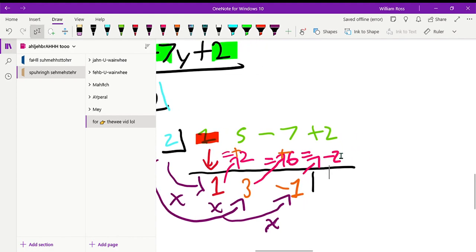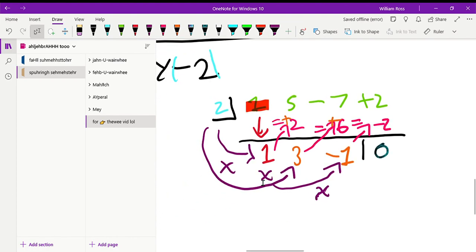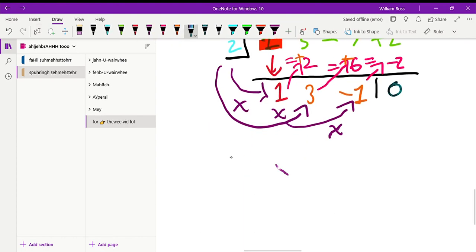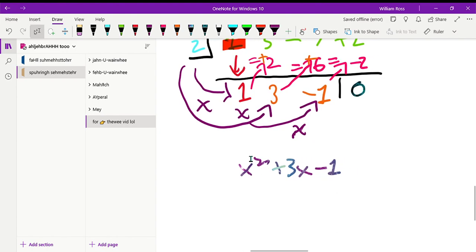Positive 2 minus 2 is 0. So since we have a 0, that obviously means we have no remainder. And for what's left over here, they will become x squared plus 3x minus 1. And that is our final answer.